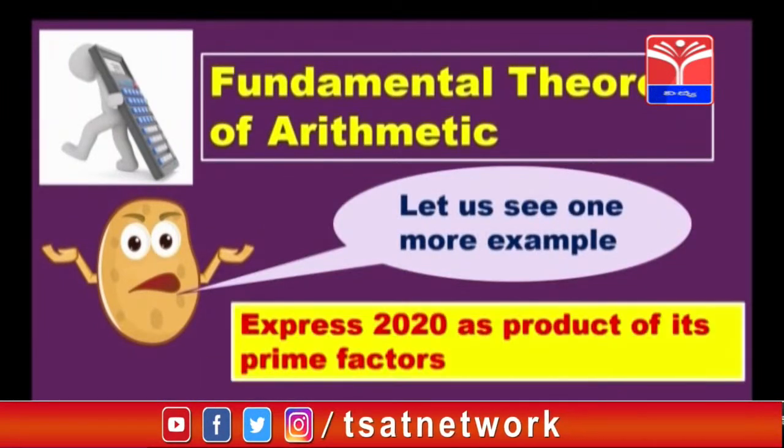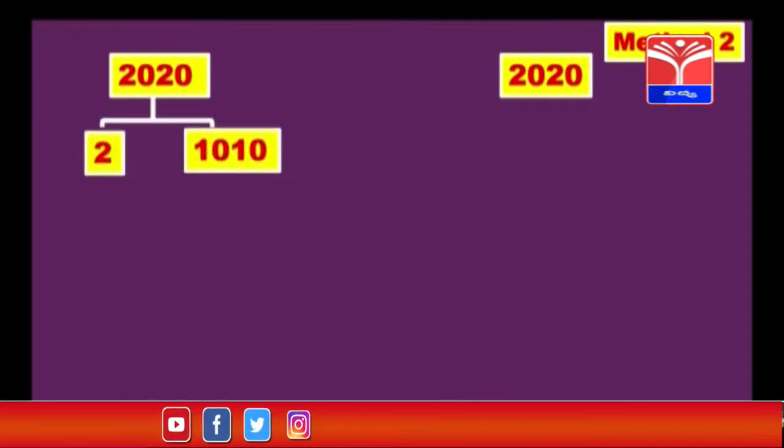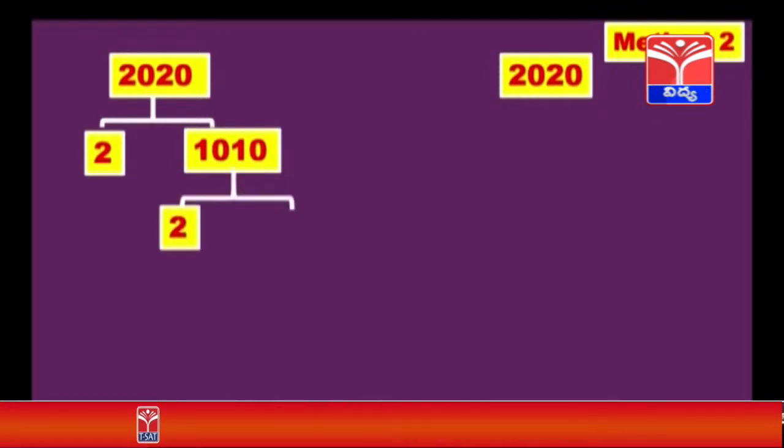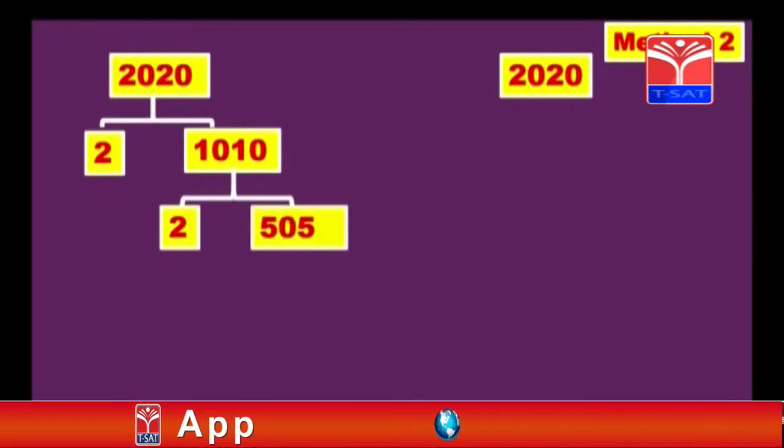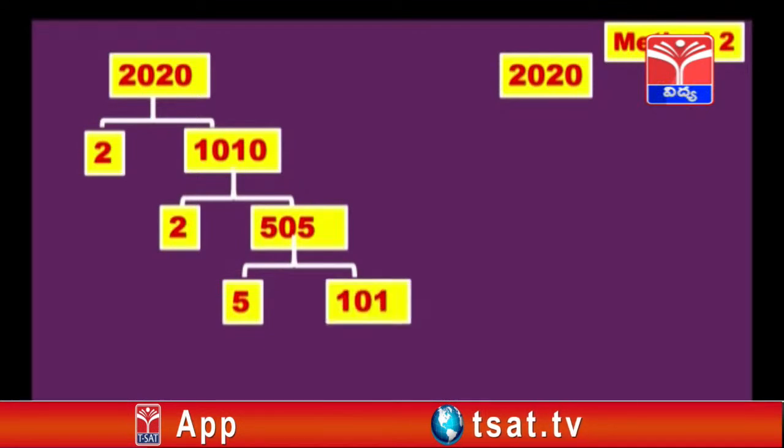Let us see one more example. Express 2020 as a product of its prime factors. While solving this problem, let us take two methods. In method 1, I first factorize 2020 as 2 and 1010. Then 1010 can be factorized as 2 and 505, and 505 can be factorized as 5 and 101.